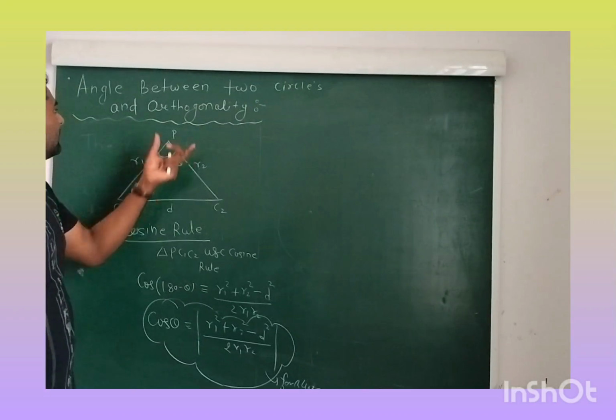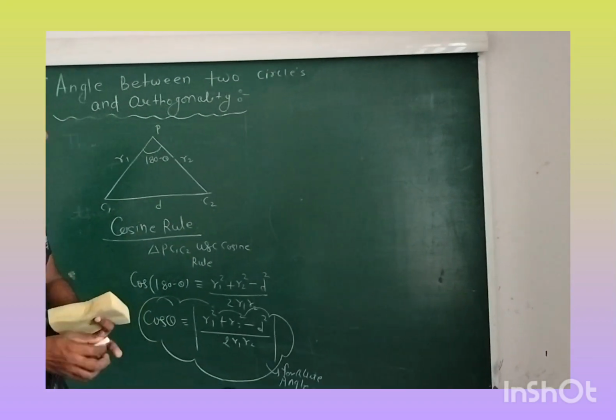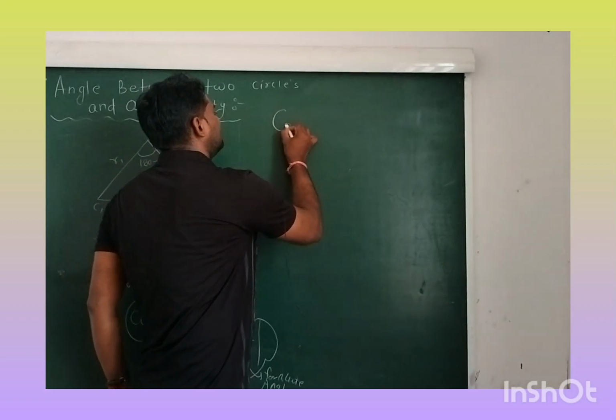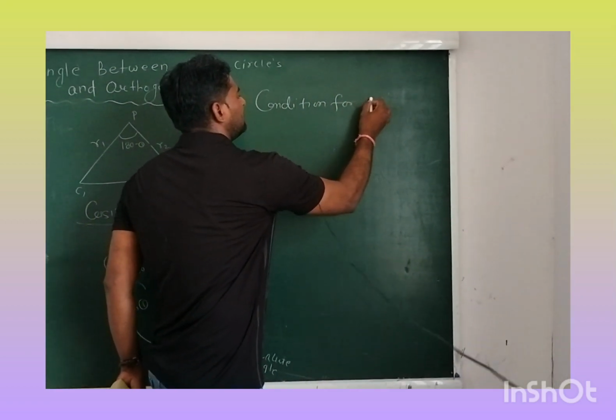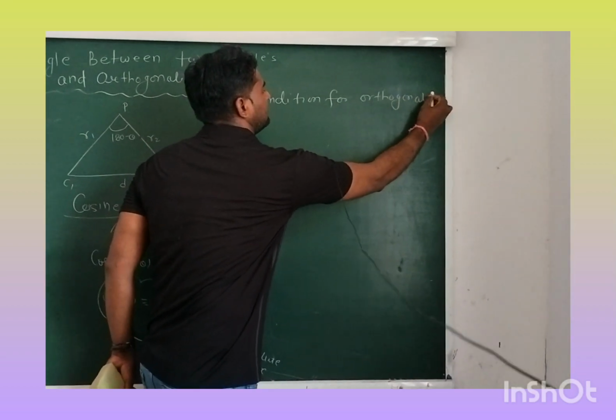Now we check the condition for orthogonality. When you say these two circles are cutting orthogonally, orthogonal means perpendicular. So here you write the heading: condition for orthogonality.